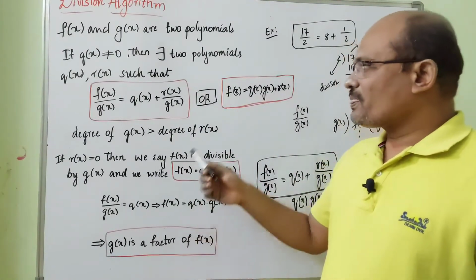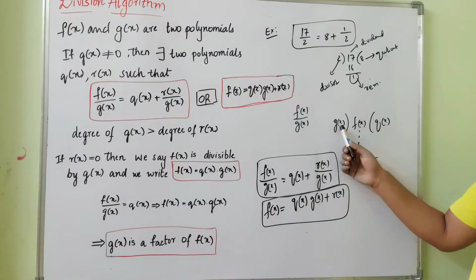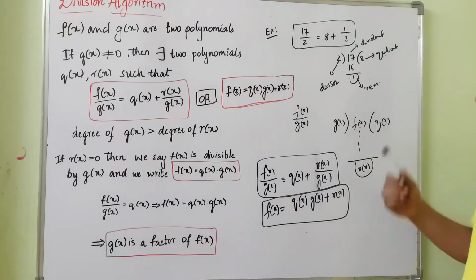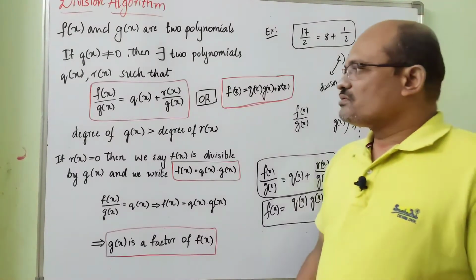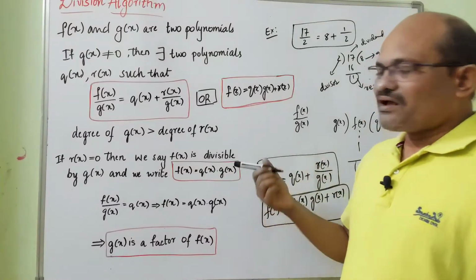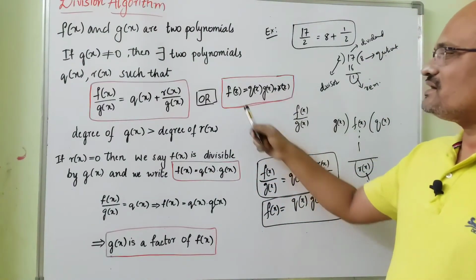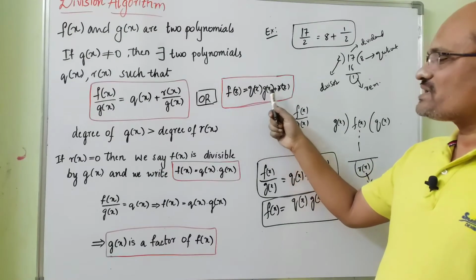Now I told you the degree of g of x, the degree of the divisor, should be greater than the degree of r of x. Now suppose the remainder is 0. What happens? If the remainder is 0, r of x is 0, look here. What do you get? F of x equals q of x into g of x.